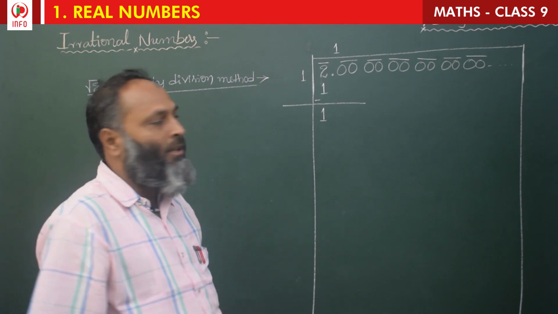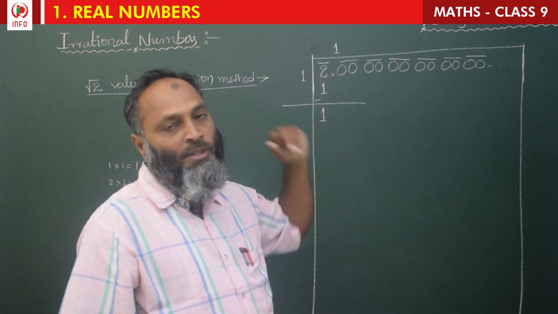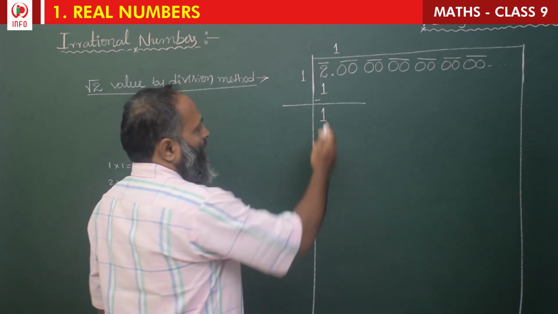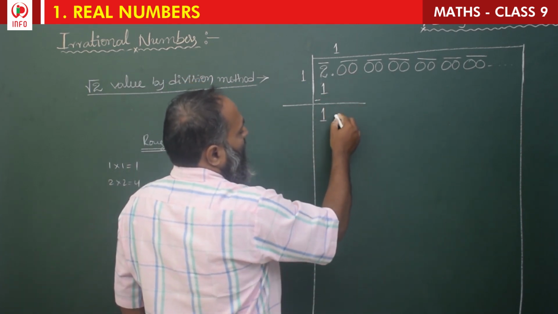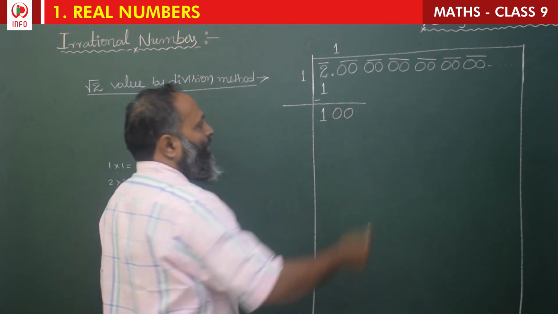Then after the decimal, whatever pair is there, that we should take. What is the pair after the decimal? 2 zeros, those 2 zeros we should take here.